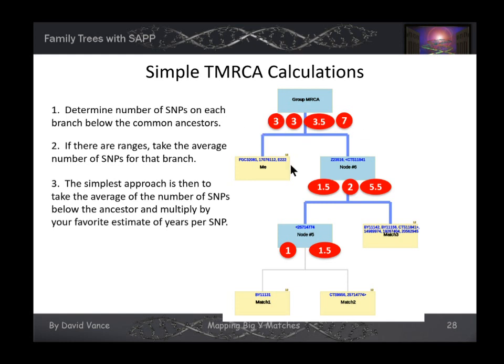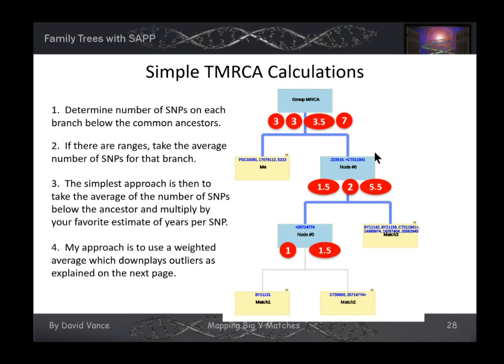And those outliers to me in a small sample size tend to throw off the calculations a bit when you just do a simple average. So I tend to take an approach that downplays the outliers a bit more. I use a weighted average approach to do that.